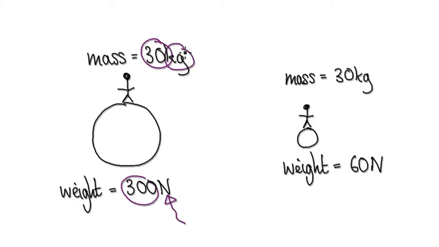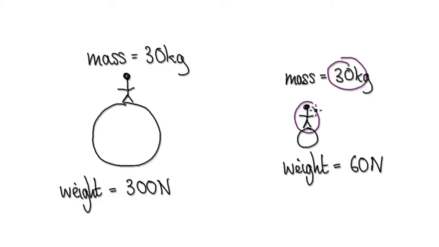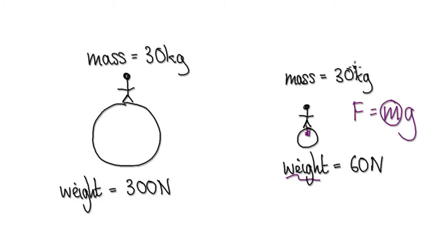Being on the moon, your mass will always be the same. No matter where you go, your mass will still be 30. But your weight on the moon, the force that you're pushing against the ground, is force equals mg. Your mass is 30, and gravity on the moon is 2.